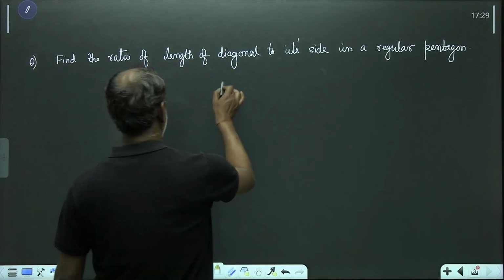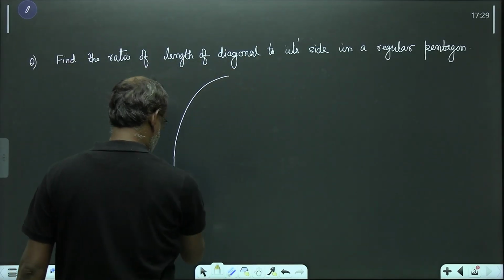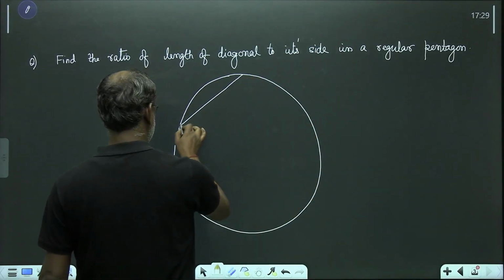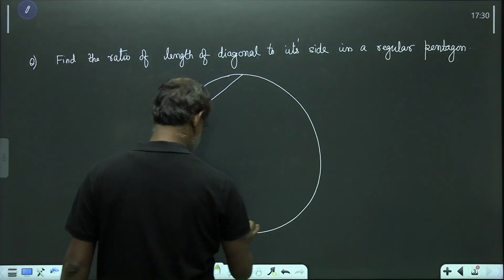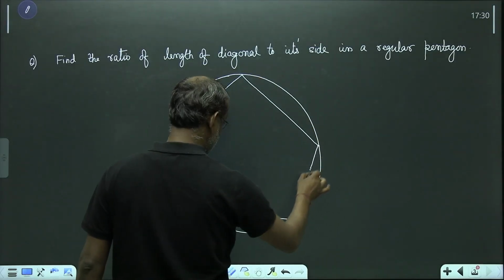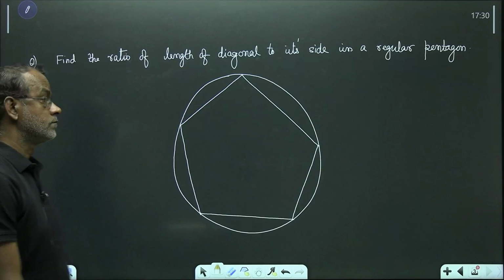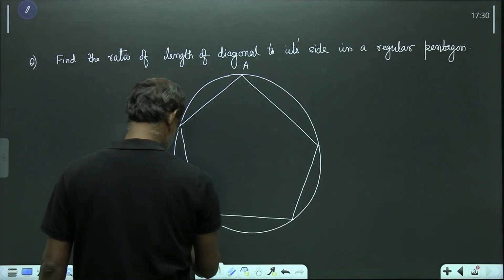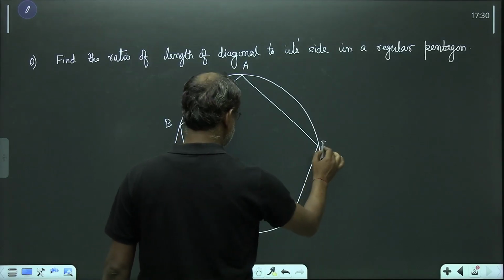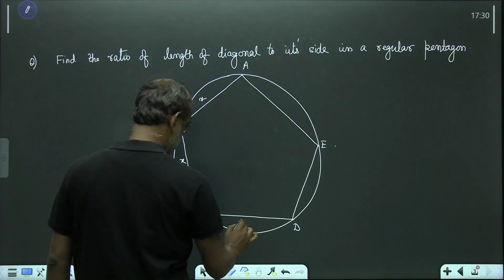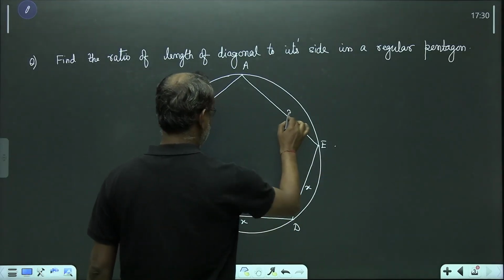Now in the case of a pentagon, I am drawing its circumcircle, okay, and what I am saying is that, see, all its sides are equal in length.